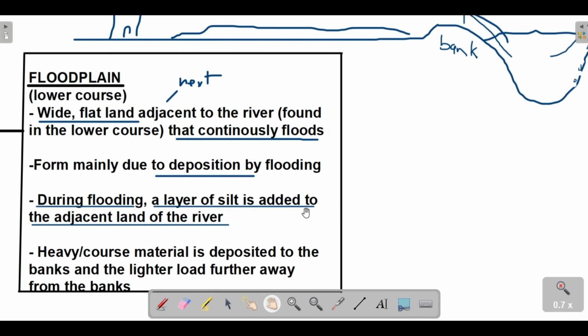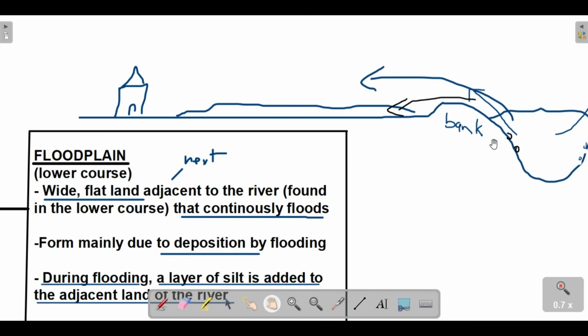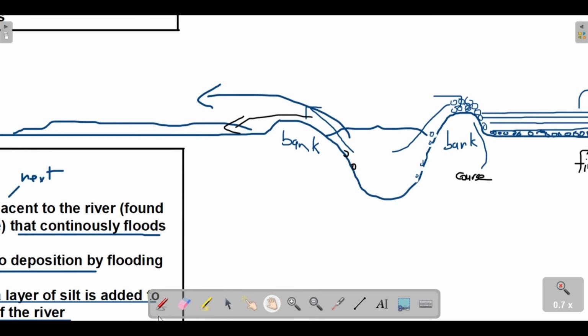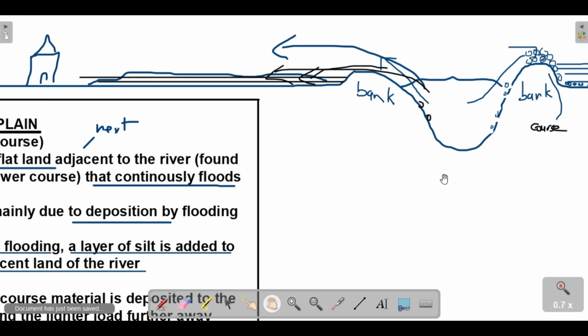So that is the formation of a floodplain, guys. It's not difficult. It is simply caused by deposition. We are depositing the material next to the river, or on the land that is close to the river, whenever it floods. Continuous flooding will build up layers and layers of silt or material, and those layers will eventually form a floodplain.